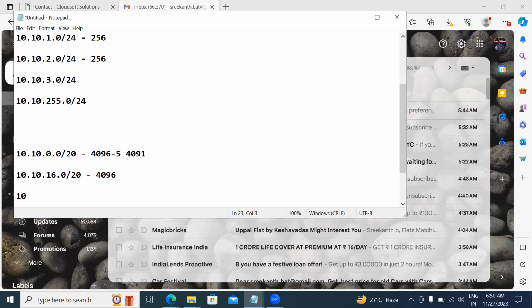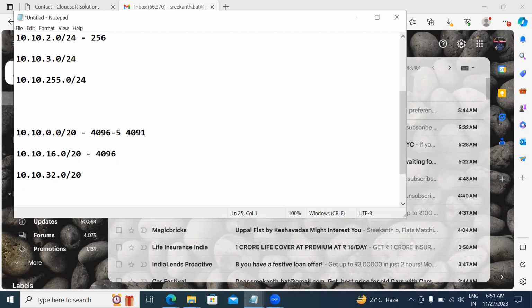Then can you tell me the next range? Slash 32. Okay, so this also will take 4096. Why did we go for 4096 IPs? Because the client said in the future I may add more number of IPs.